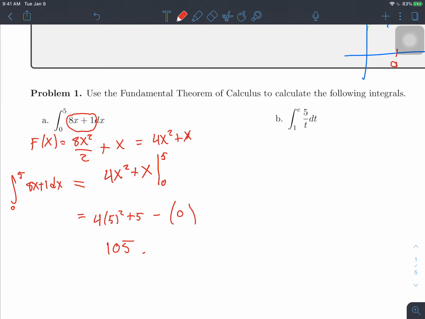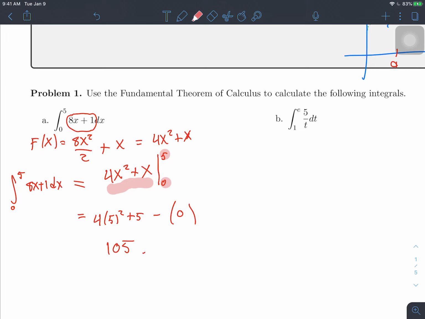This notation means we've taken an antiderivative, and now we should take this function, plug in 5, and then subtract and then plug in 0. Okay, that's what this notation means. So when you see this little bar, sometimes I'll say 4x squared plus x evaluated at 5 and 0.